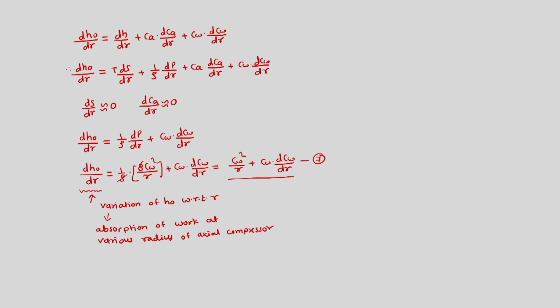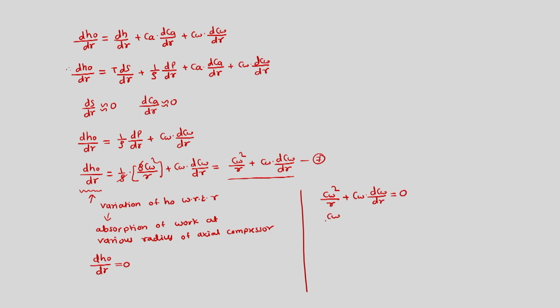Now we assume that we have designed the axial compressor such that absorption is uniform. So dH naught by dr is equal to 0. With this assumption we can write down Cw square divided by R plus Cw into dCw by dr is equal to 0.